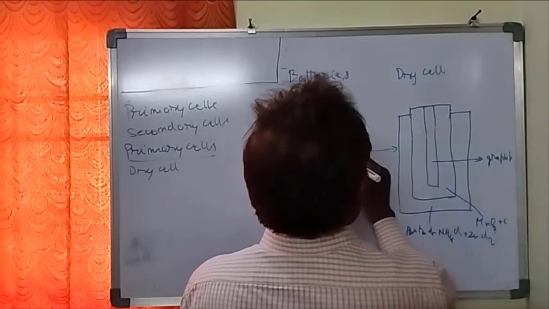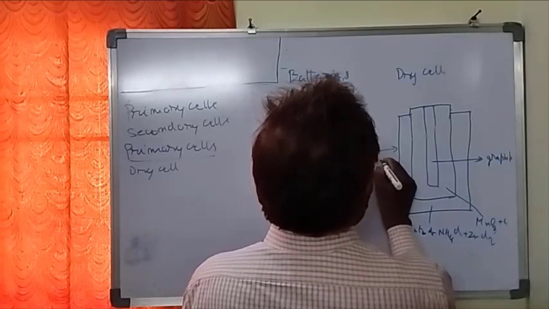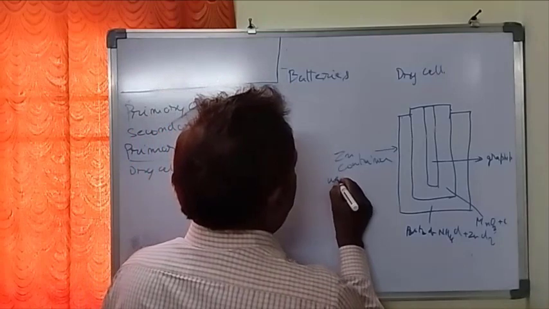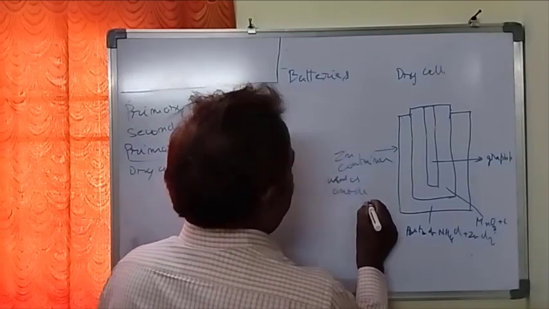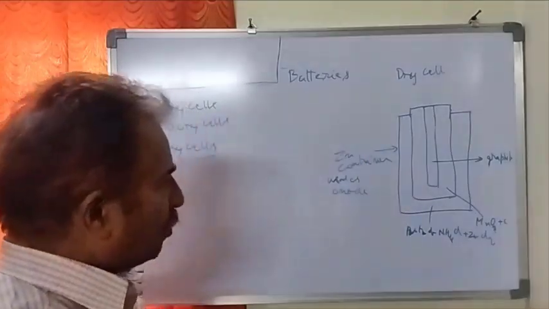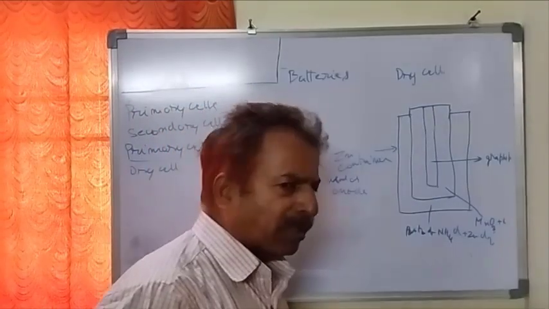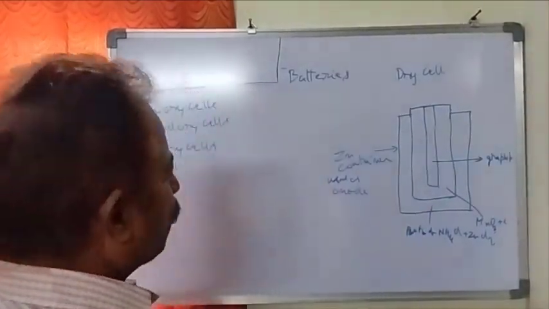This is the zinc container. The zinc container itself is used as anode, and this is the graphite rod. The graphite rod is in the middle of the zinc container. The graphite rod is used as a cathode.